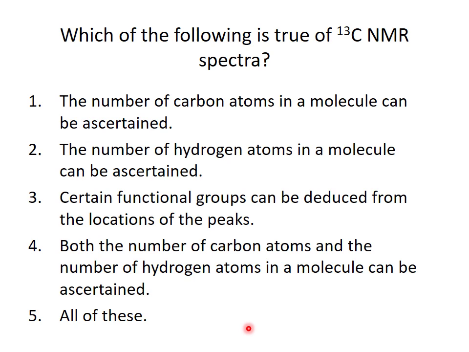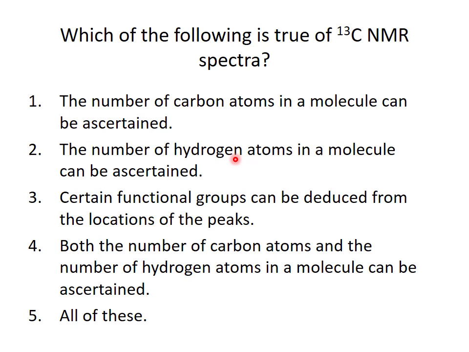So which of the following is true for C13 NMR? Well, let's go through these. The number of carbon atoms in the molecule can be determined. Well, that's not really quite true because we can only determine the number of different types of carbon atoms. The number of hydrogen atoms in the molecule can be determined.